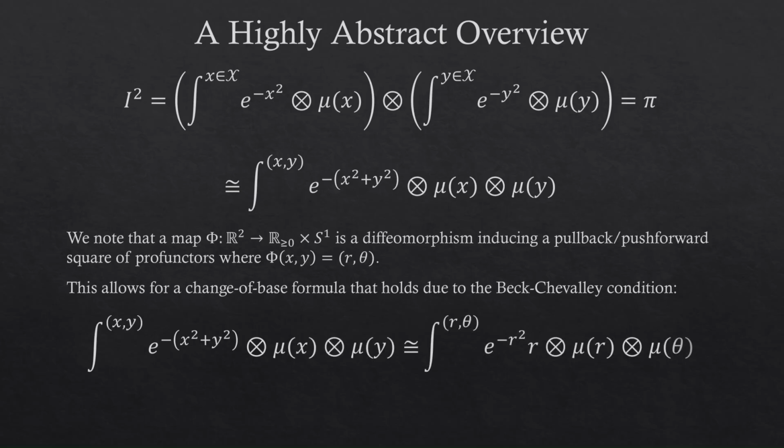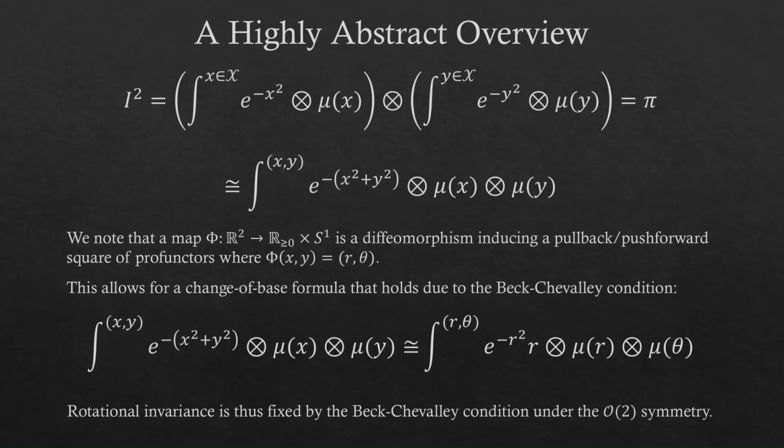And so that coend, that iterated integration that we saw above, is isomorphic to the coend in terms of coordinates r and theta of e to the negative r squared times r tensored with mu of r tensored with mu of theta. So rotational invariance is fixed by the Beck-Chevalley condition under the O2 symmetry group.